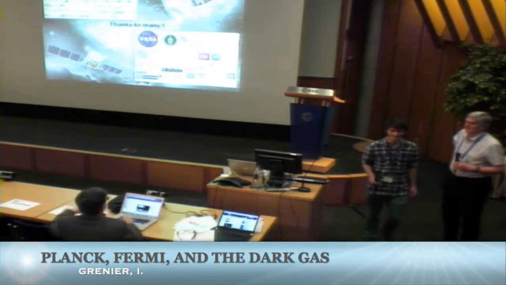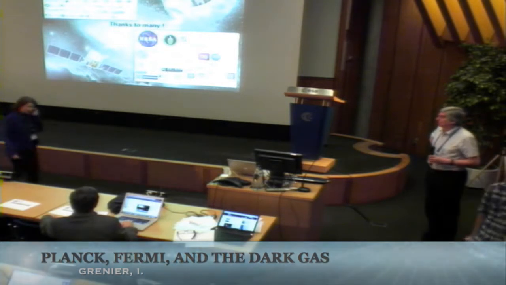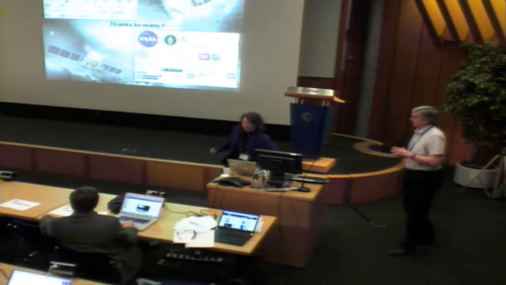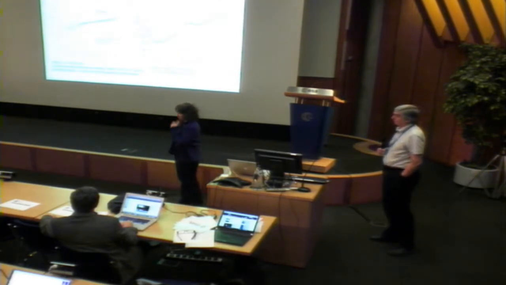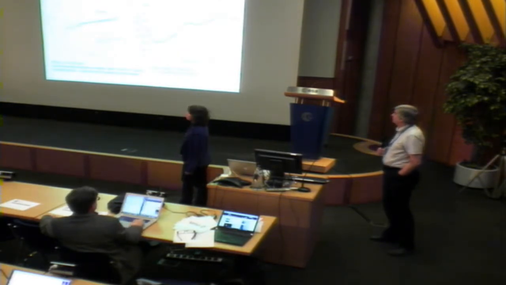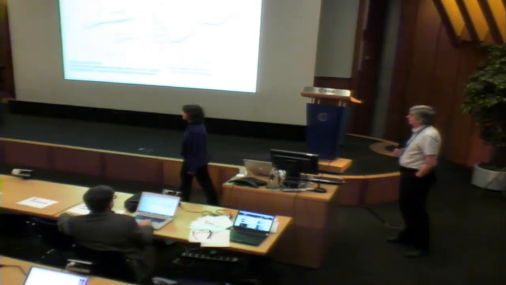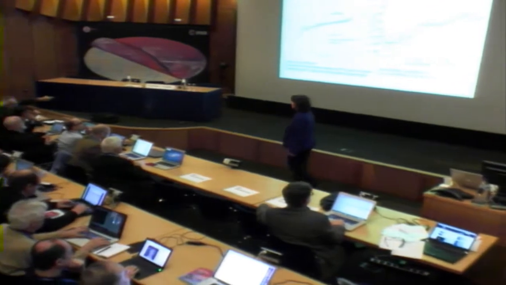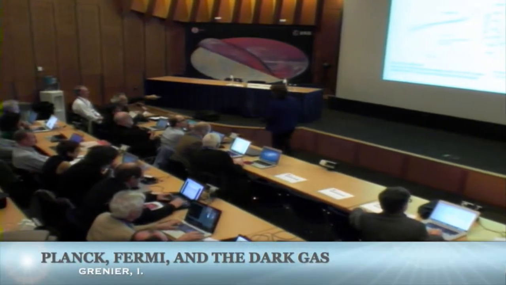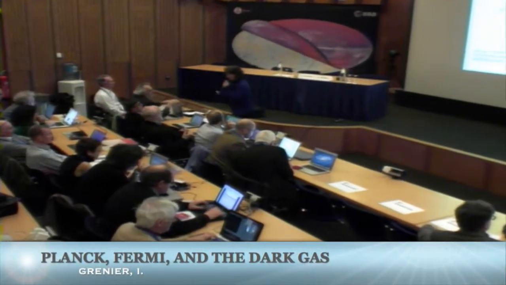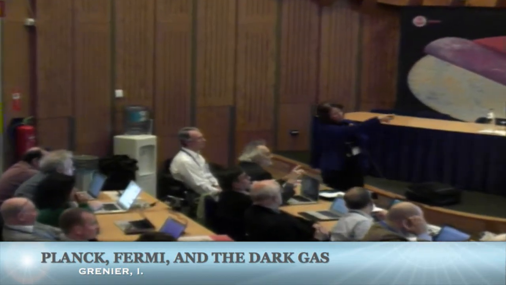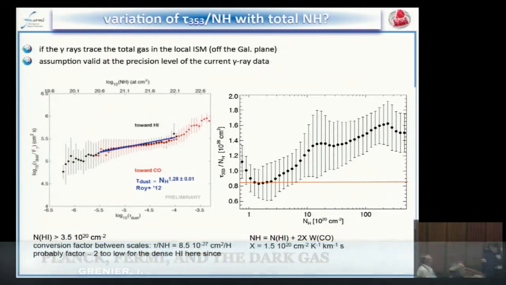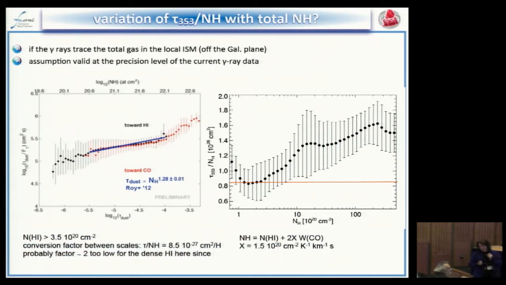On your plots of the opacity versus column density, where you see this change with denser and denser gas, at least at higher column densities, below 10 to the 20 there is a rise again. That's probably due to the CIB, which is not separated from that. Is that right? According to Marc-Antoine and François Boulanger, I think it is rather linked to the WIM, to the hot gas, rather than the CIB.